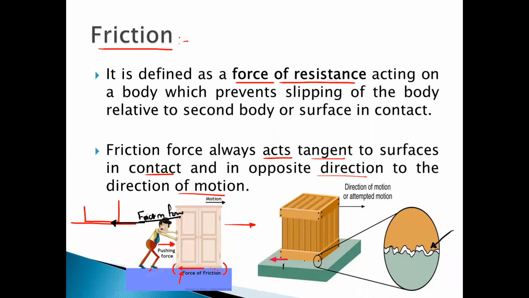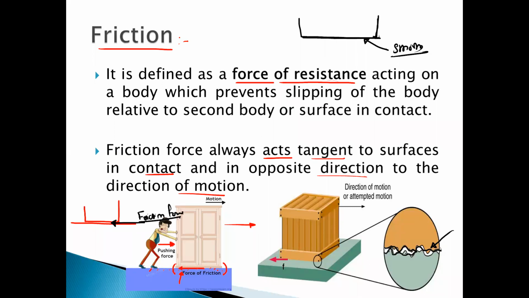Each surface, even though it appears as a smooth surface, if you just observe the surface, it will appear perfectly smooth. But under the microscope, you can see such type of irregularities present on the surface. These irregularities cause the interlocking. So you can see the interlocking between the two surfaces.